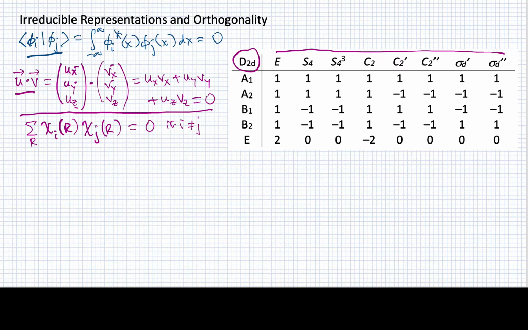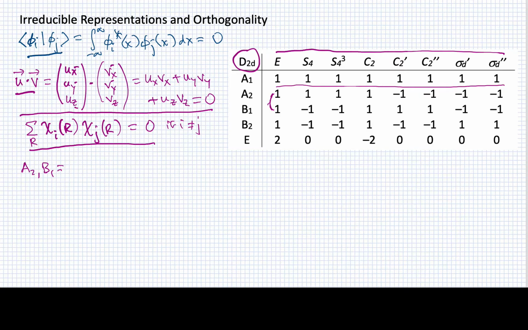Let's suppose that I want to test the vectors that correspond to the irreducible representations of A2 and B1. So in other words, I want to take the inner product of these two as though these numbers across here represent their components of a vector.